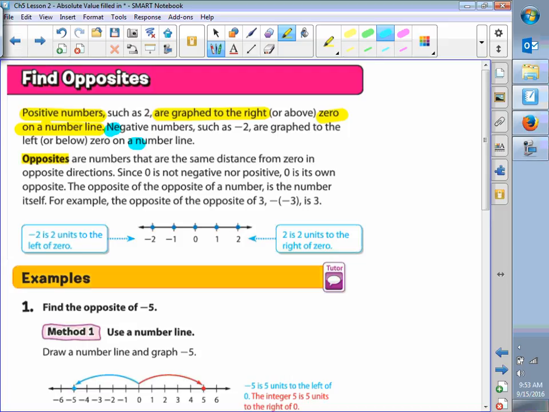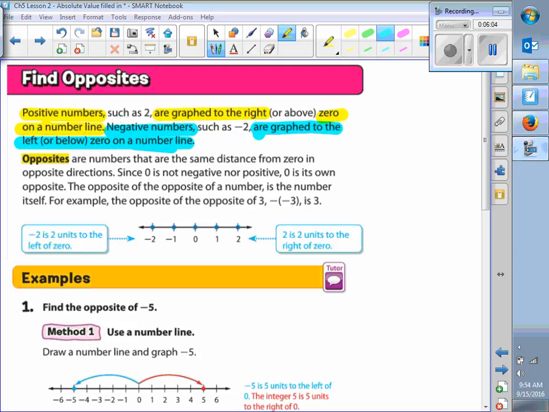Negative numbers are graphed to the left of 0 on a number line. So if you look at this number line here, 0 is right in the middle there, okay? All the numbers to the right are positives. All the numbers to the left are negatives, okay?